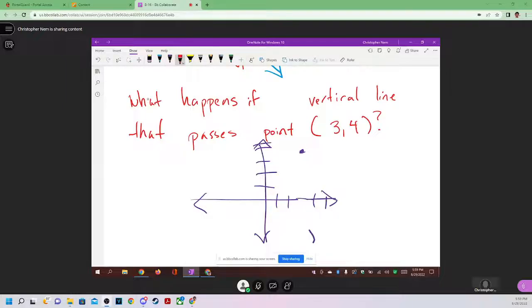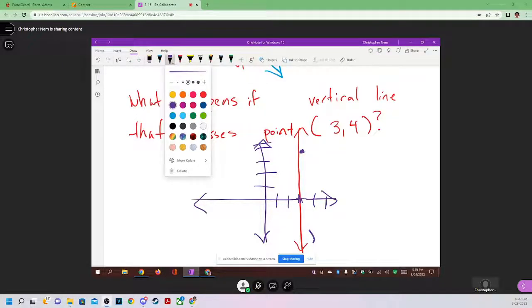How can I write the equation of this line right here? This is hard because you don't have a slope. So what do we do? Well, if you look at each individual point on this line, they all share something in common.